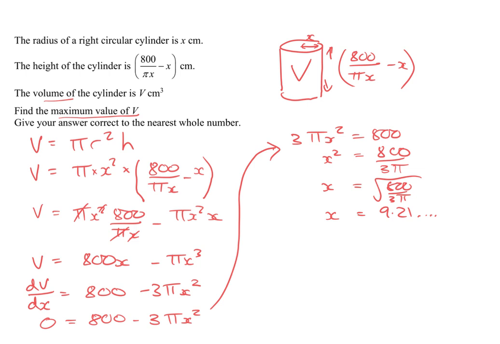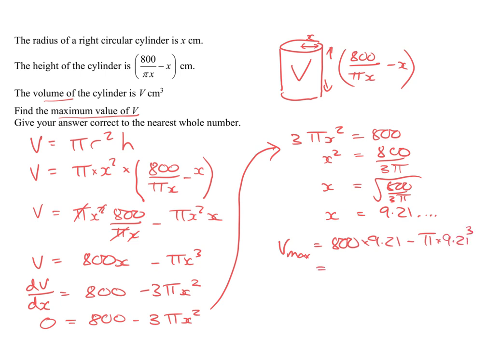So the final step here is you have to take the value of x and put it into our equation for the volume. And this is probably the easiest form of the equation for the volume, so this is the one I'm going to use. So my volume, I'm going to call it volume max, is equal to 800 multiplied by 9.21, take away pi multiplied by 9.21 cubed.